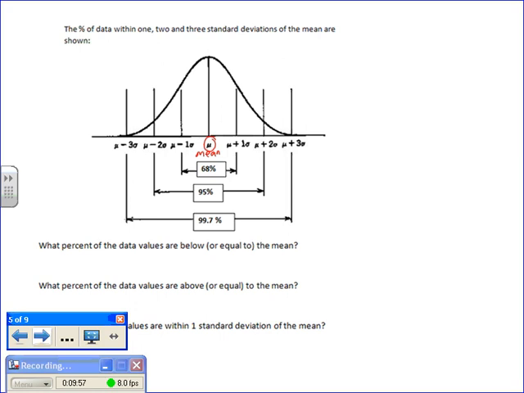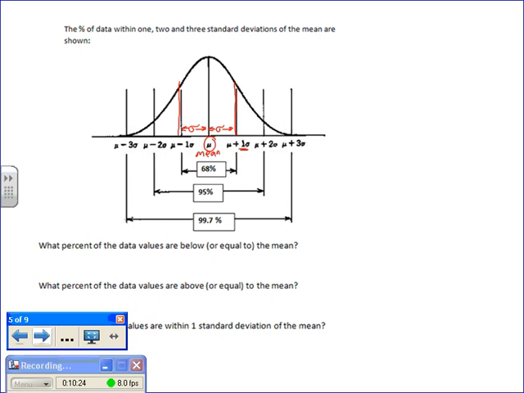Then if I move out 1 standard deviation, so the mean plus 1 standard deviation, I could draw a line right there. And I could move 1 standard deviation below the mean right here. The difference between here is just equal to 1 standard deviation, and the same thing is true over here. We're just going out by 1 standard deviation on either side of the mean.